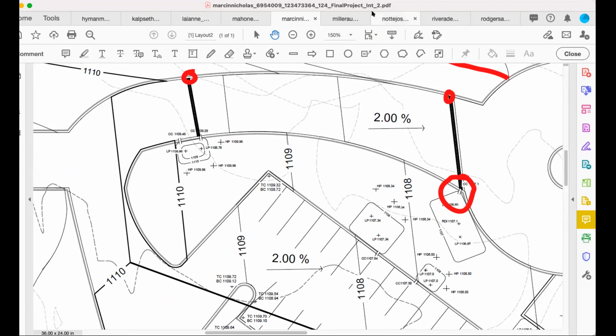So you calculated the curb cut over here being 9.28. Then you should subtract 0.5, saying your trench drain outflow is actually at 1108.78. Then your bottom and your high point need to be determined by the trench drain elevation instead of your curb cut elevation. Does that make sense? Yeah, okay.